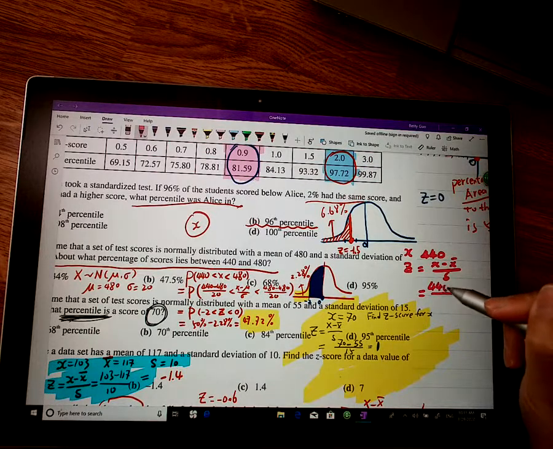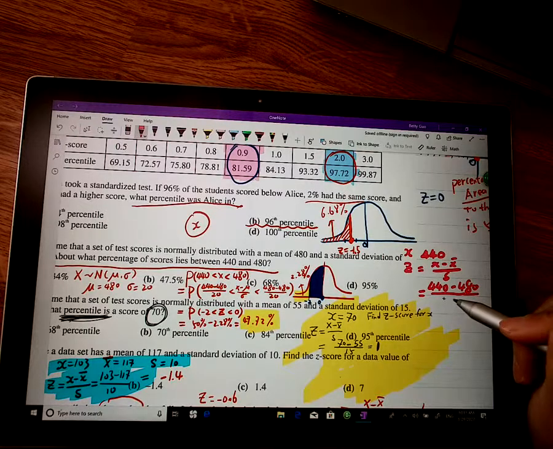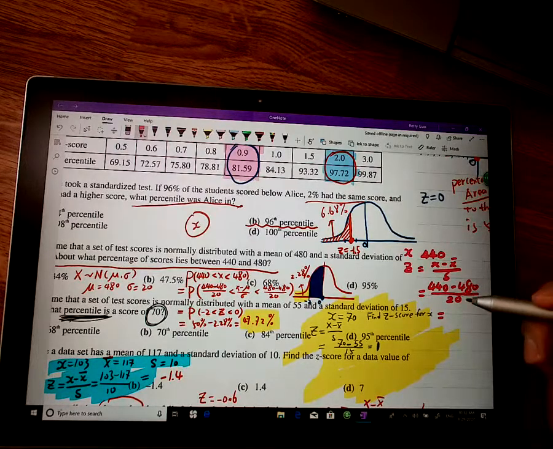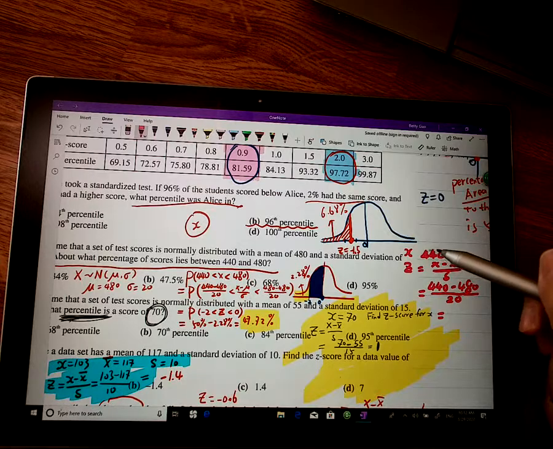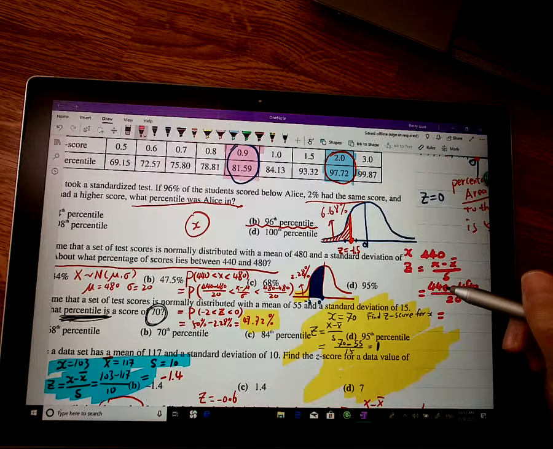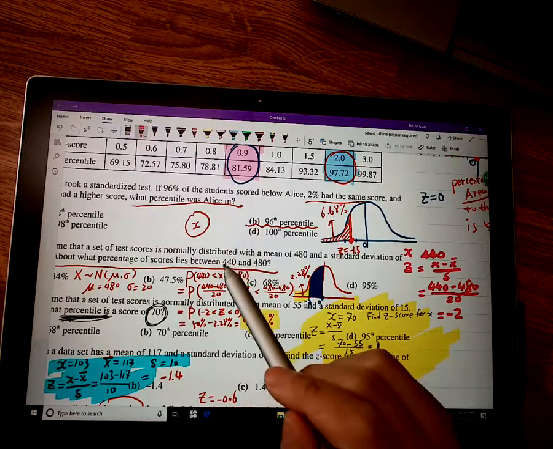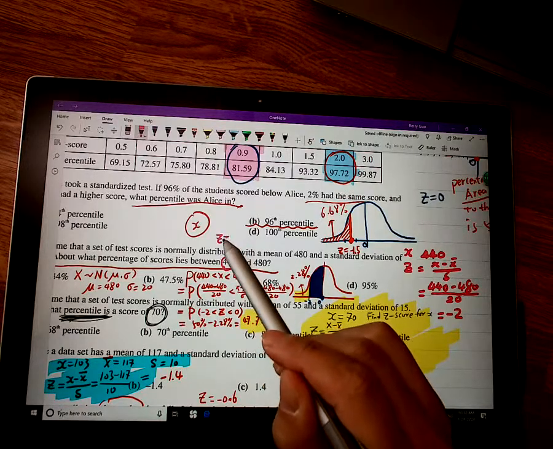So X is 440, center is 480, standard deviation is 20. By using this formula, we have the Z score of the score 440 is -2. You can do the math yourself. 440 minus 480 is -40. -40 divided by 20 is -2. So we know that 440 has a Z score of -2.